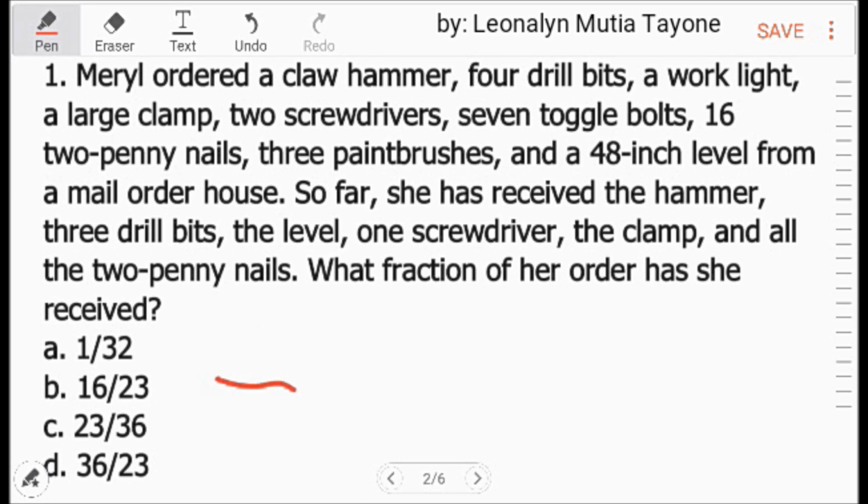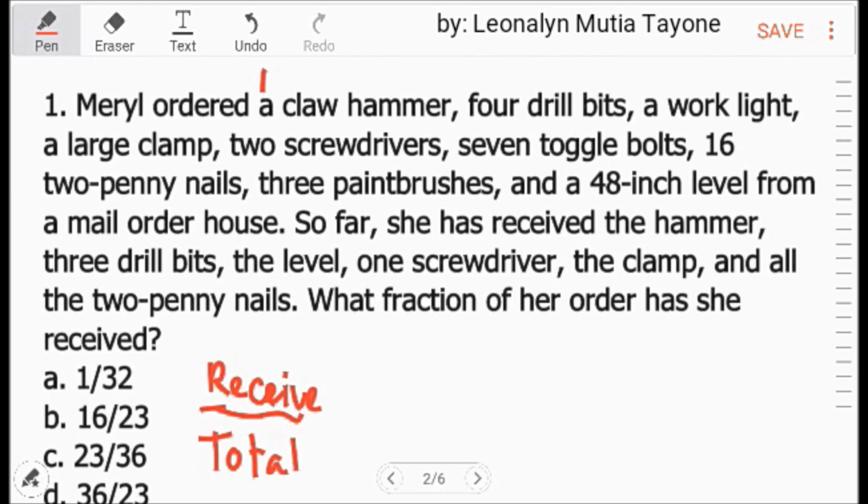Already here, you know that the denominator is the total, and the numerator is what was received. Let's total everything. 1, 4, 1, 1, this is 2, 7, this is 16, 3, this is a 14-inch level. Then that's it.